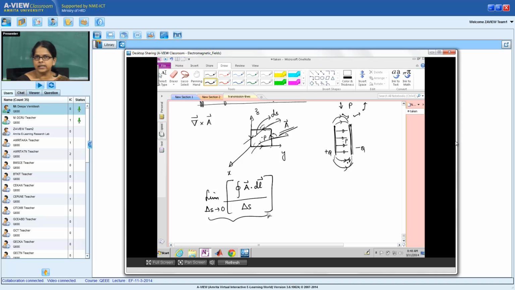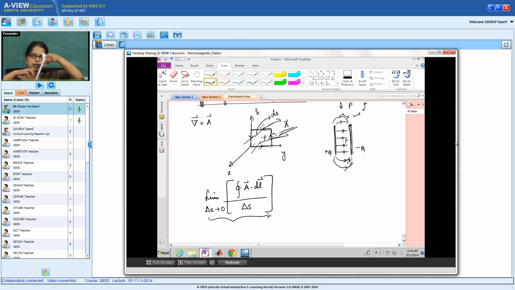Story is not over, because if I have a vector field or a point here, let's say this is my surface, so my vector field is here, the surface is the surface of my paper. Around the same point, I could have chosen this as my surface or this as my surface or this as my surface.